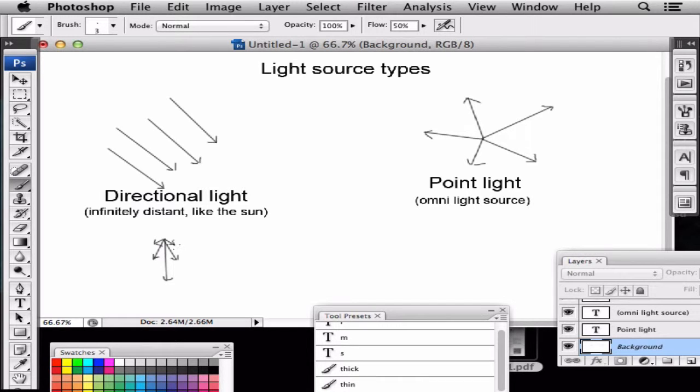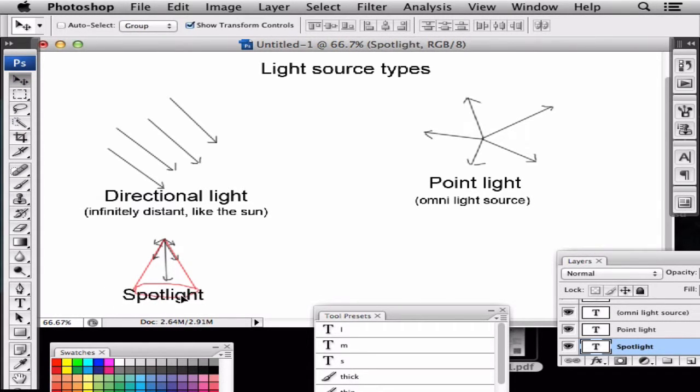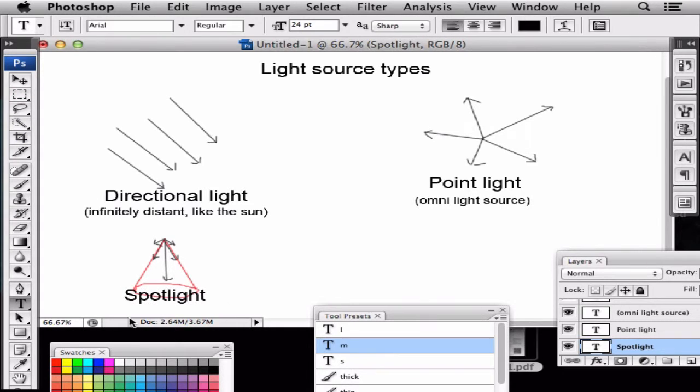So the cone sort of represents where the light is shining. So like this maybe, and something like this. Spotlight. Cone-shaped beam.